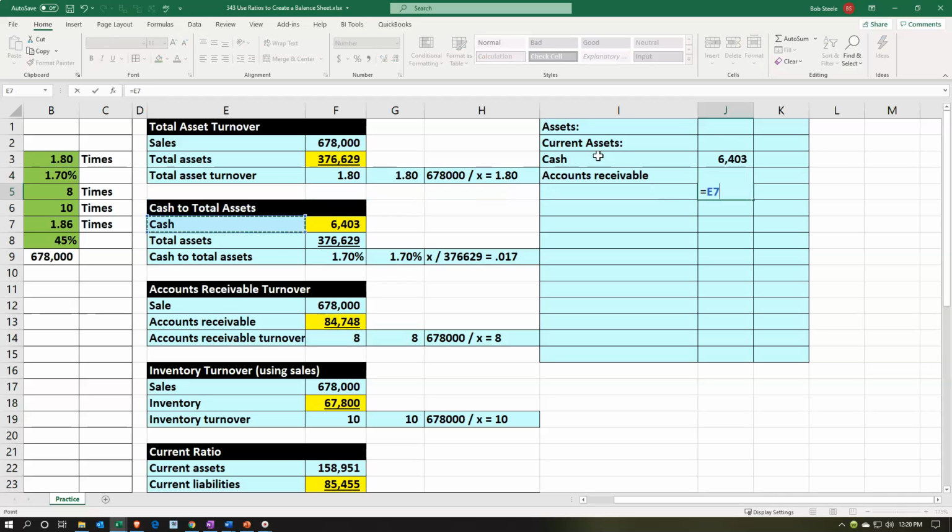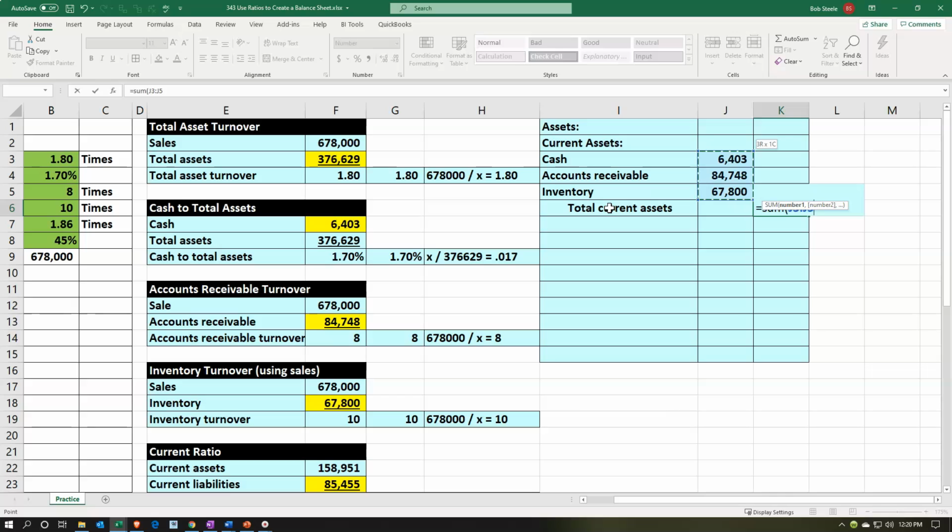And then inventory, we found the inventory. That's in the wrong cell, but we found the inventory, which is here, and that's going to be a current asset, and we're going to say that those are all the current assets. So I'm going to say we have total current assets, which is equal to the sum of these items.